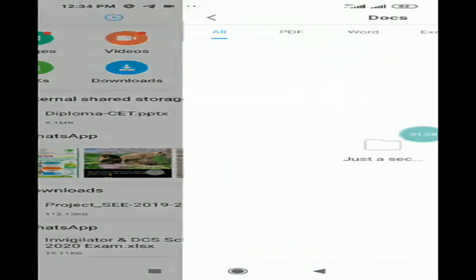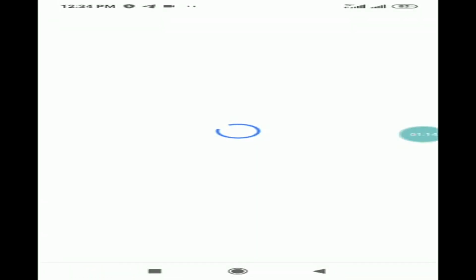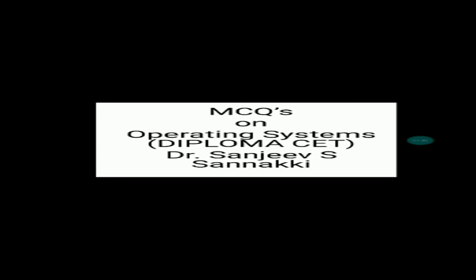And I'm sure that this will definitely help you in understanding the pattern as well as the depth of the multiple choice questions on operating systems.